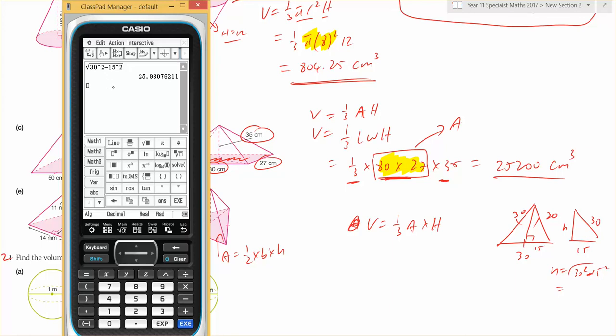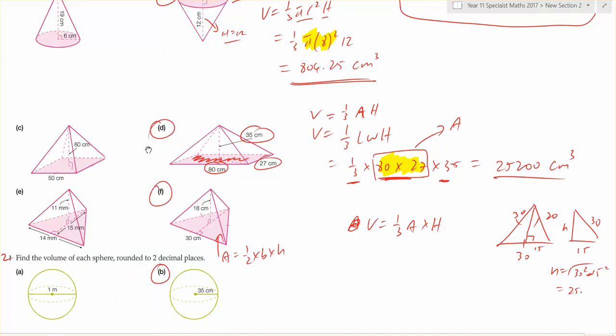That gives 25.9808. So it's a third times the area of the base triangle, a half times the base, 30, times the height, 25.9808, and then I multiply by the overall height of the shape, which is 18.